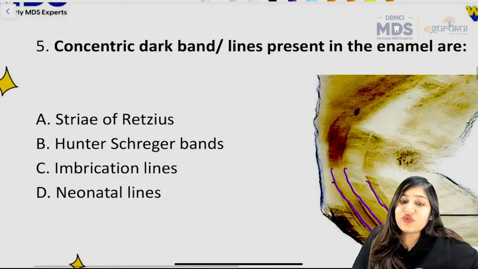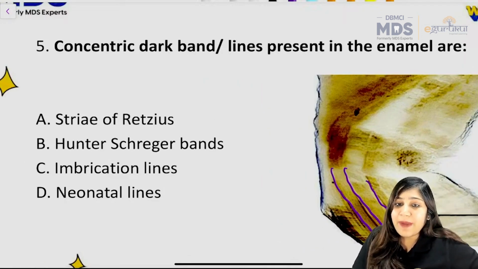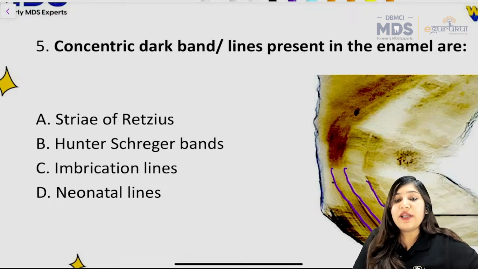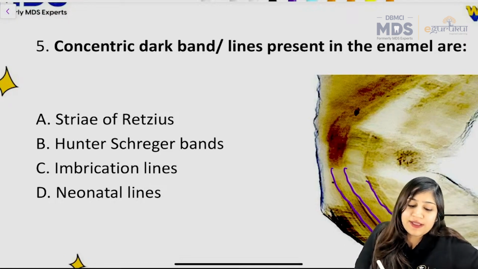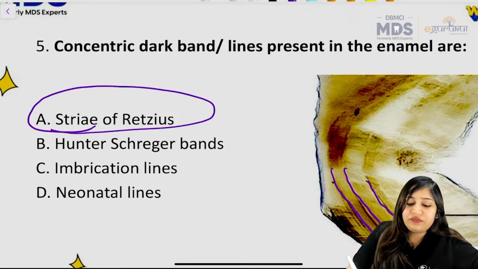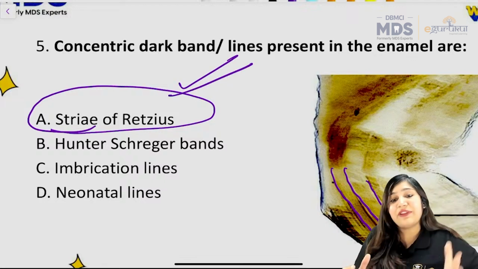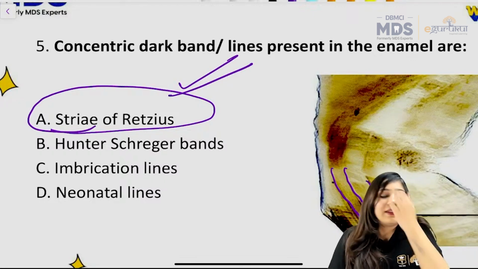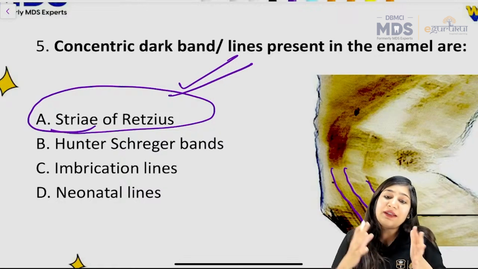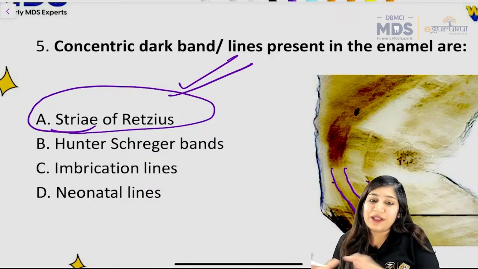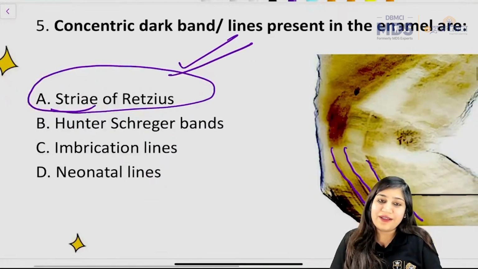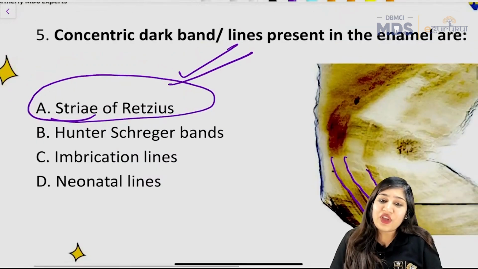Are they striae of Retzius, Hunter-Schreger band, imbrication lines, or neonatal lines? So these are basically striae of Retzius. What are striae of Retzius? We have discussed recently. These lines depict rhythmic deposition of enamel. Right? They are incremental lines of enamel.